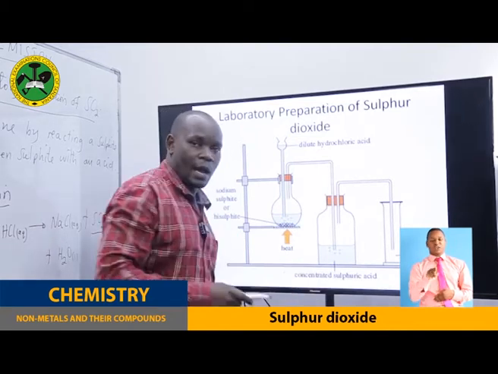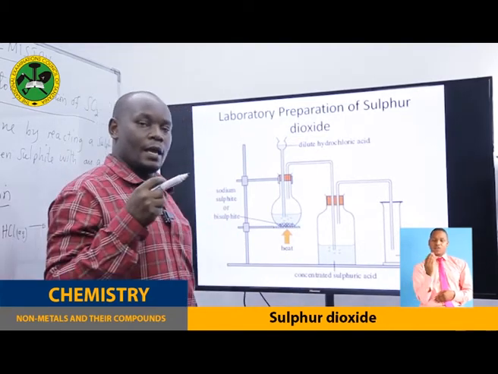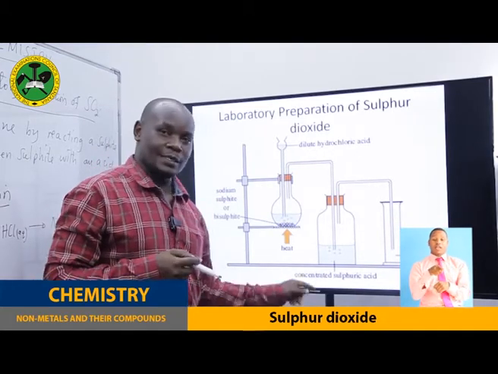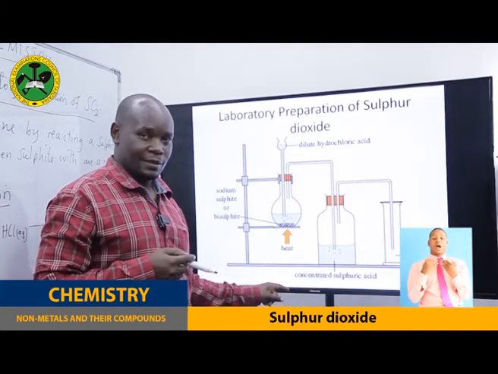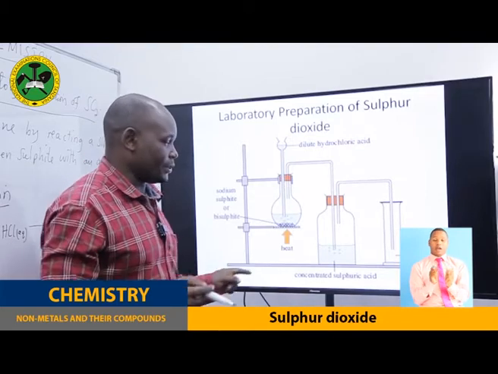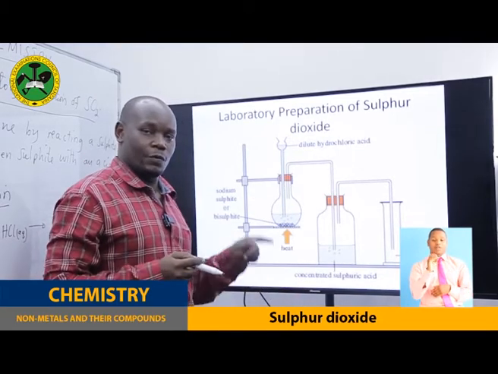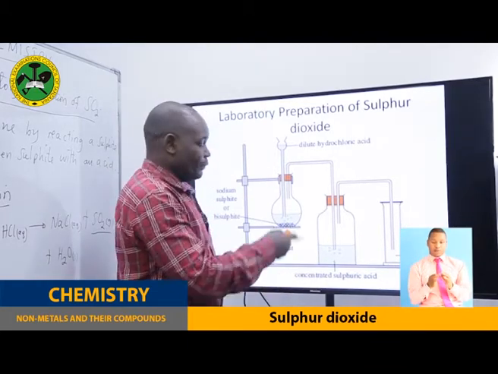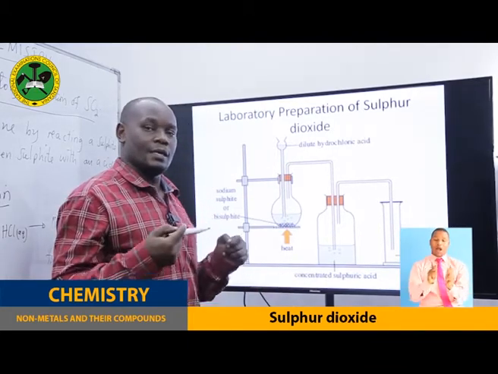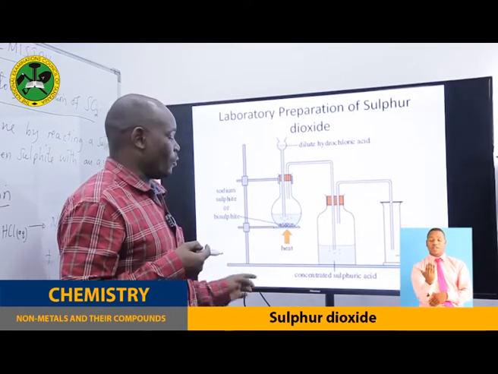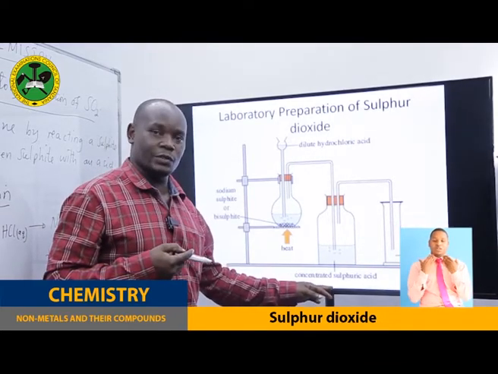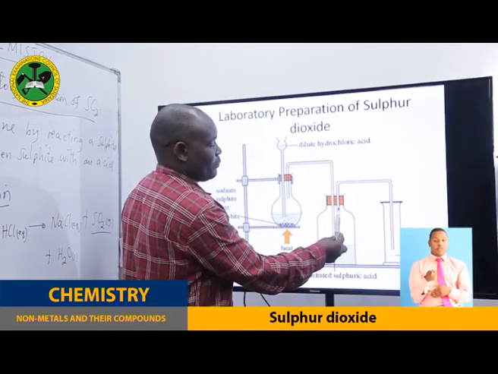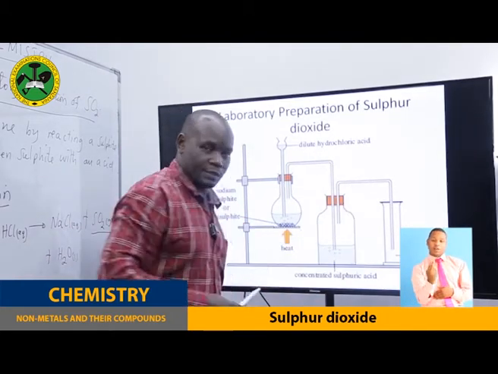Sulfuric acid here acts as a drying agent, since sulfur dioxide is needed in dry form. So when it enters the sulfuric acid, any water inside the sulfur dioxide will be dried by the concentrated sulfuric acid, and then from there the sulfur dioxide escapes into the gas jar.